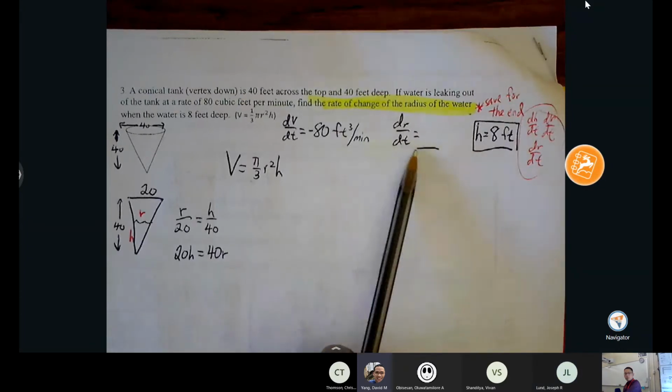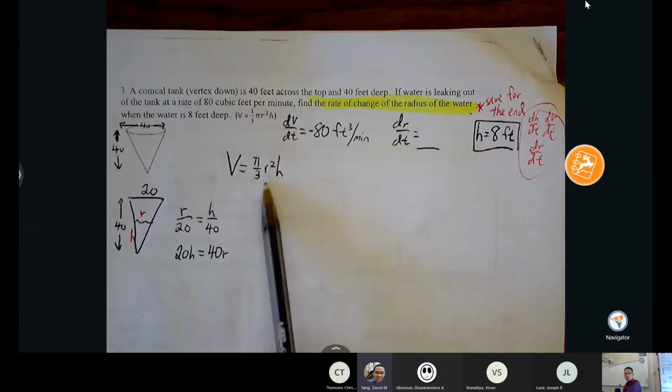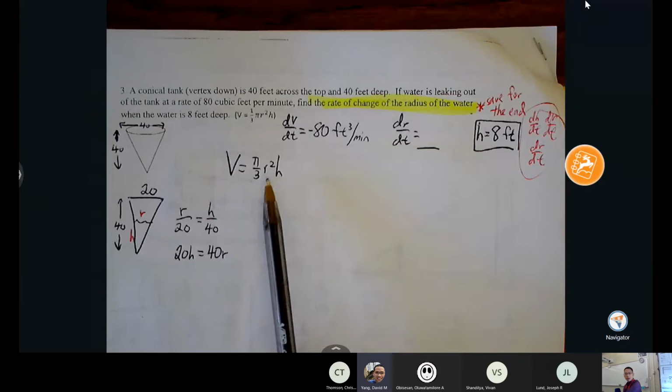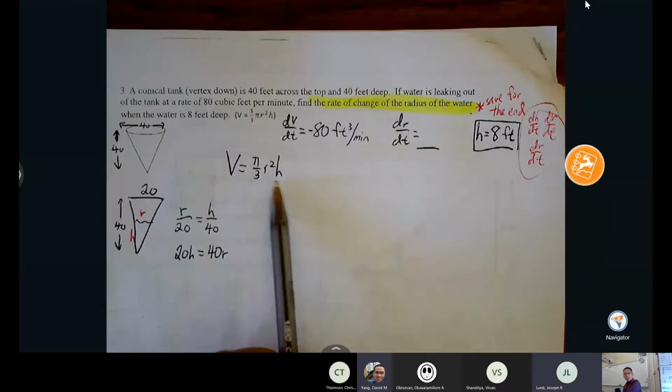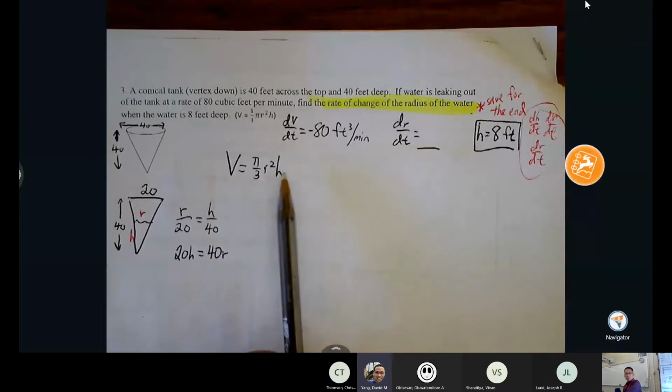Yes, we're looking for dr dt. So what do we want our equation in terms of? R or H? R. Yep, R is going to give us the fastest path to dr dt. H can get us there too, but it's just a little bit more steps.